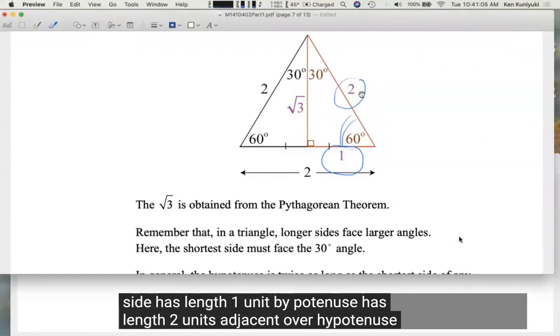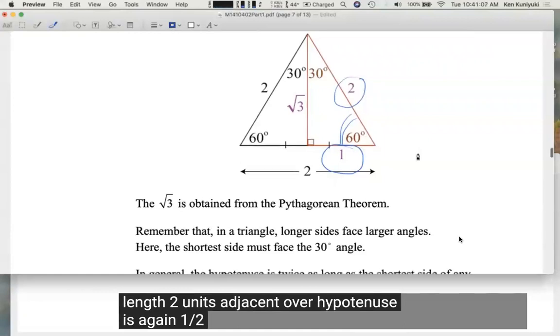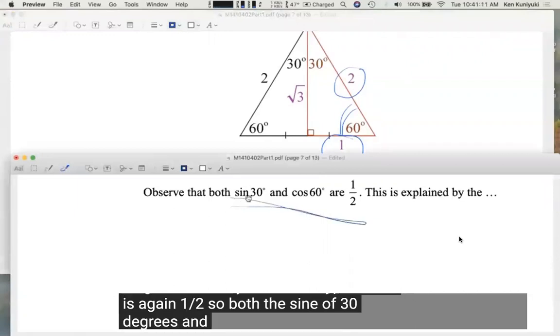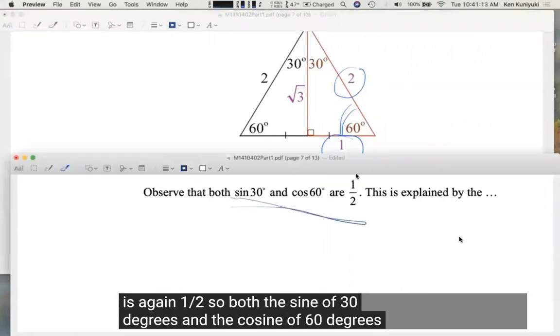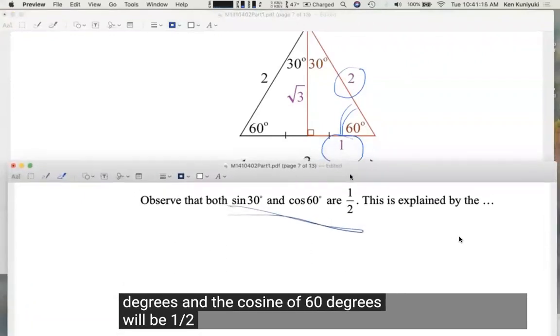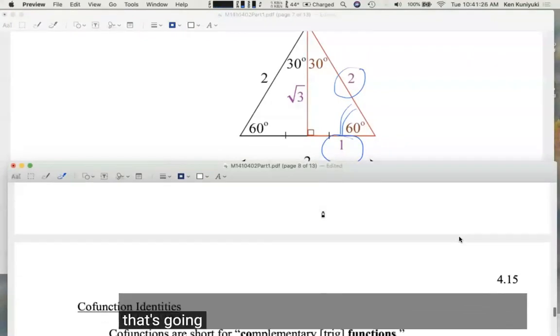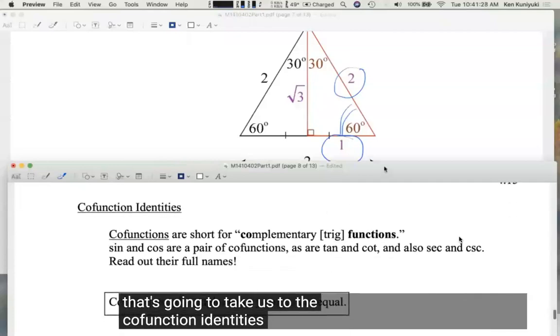Adjacent over hypotenuse is again 1/2. So both the sine of 30 degrees and the cosine of 60 degrees will be 1/2. And the fact that these two values are equal is no coincidence. That's going to take us to the cofunction identities.